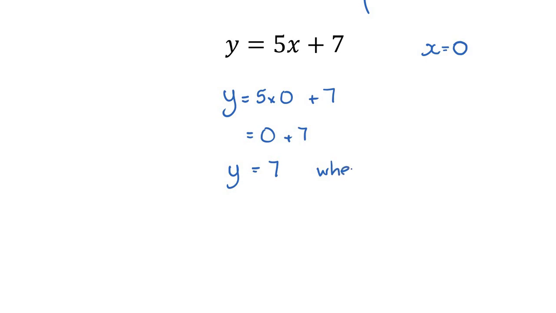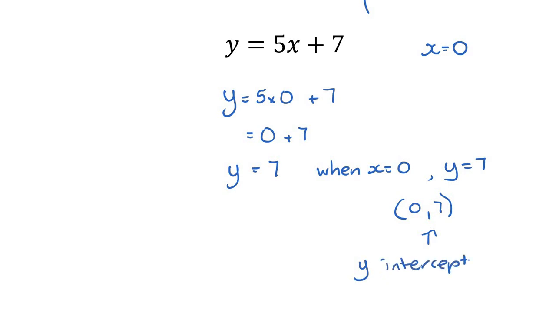When x equals 0, y equals 7, so this coordinate 0, 7 lies on the line, and that is my y-intercept. That 7 is the number that's left here on its own. In y equals 5x plus 7, the 7 gives us the y-intercept. So we can say that the y-intercept occurs at 0, 7.